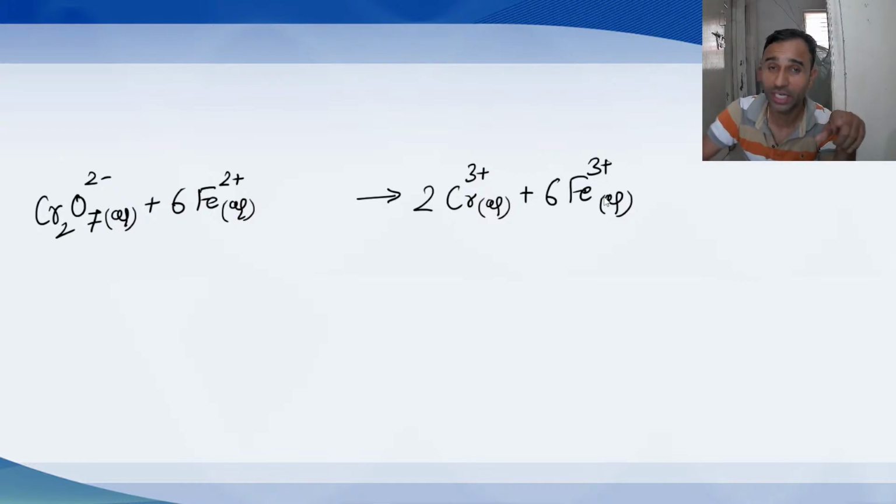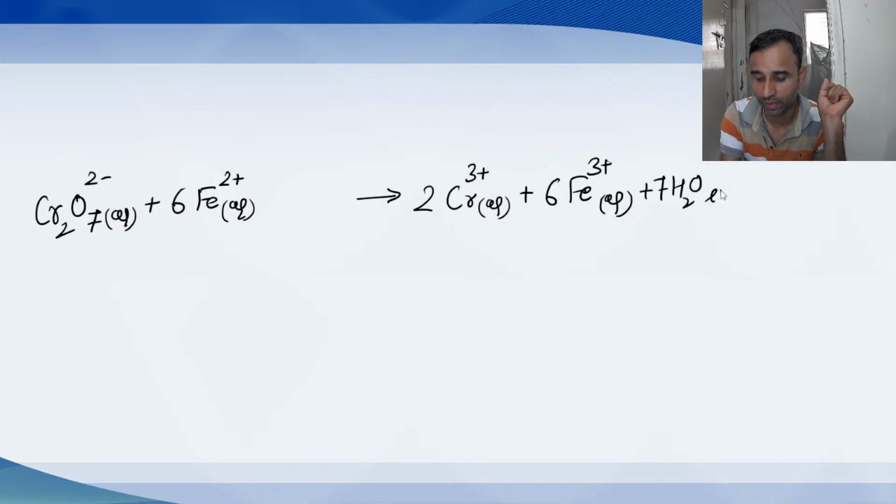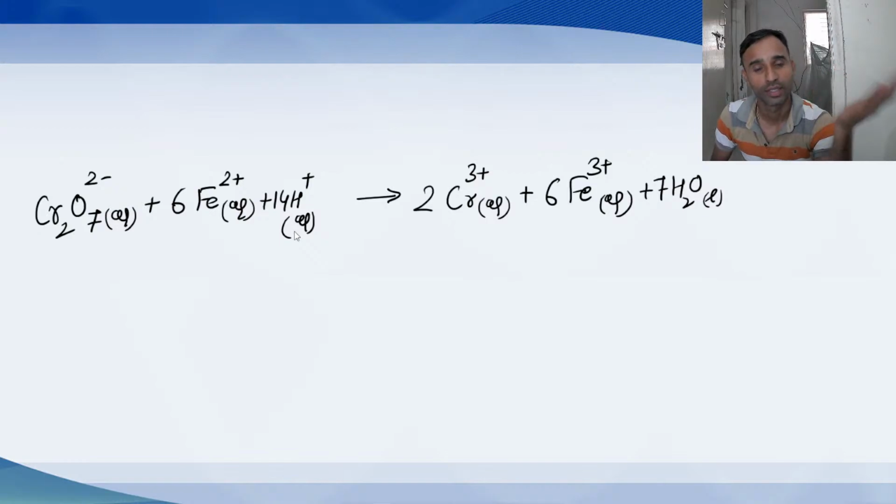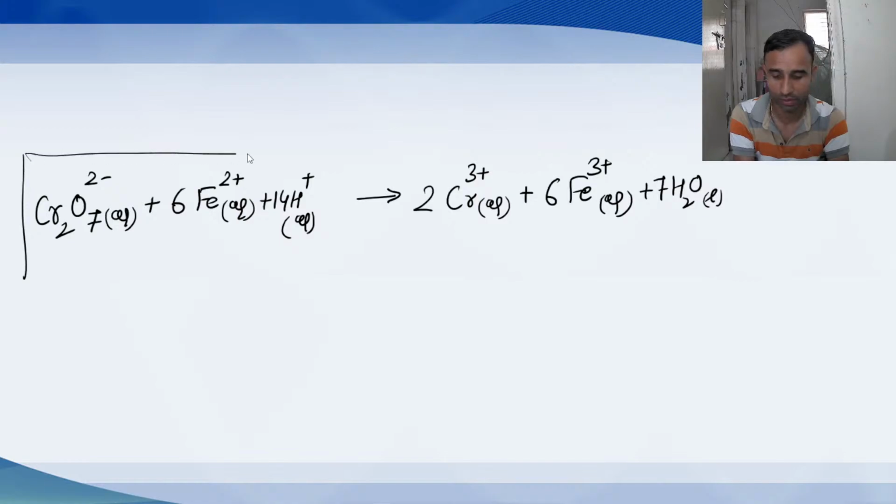Now the medium is acidic, so balance the oxygen atoms: add H2O to the side with excess of oxygen, and double the number of H plus ions to the opposite side. That's it. It is a balanced equation.